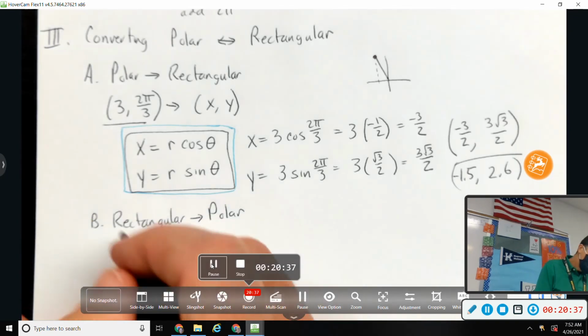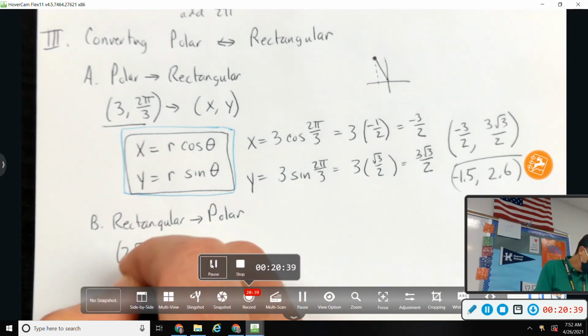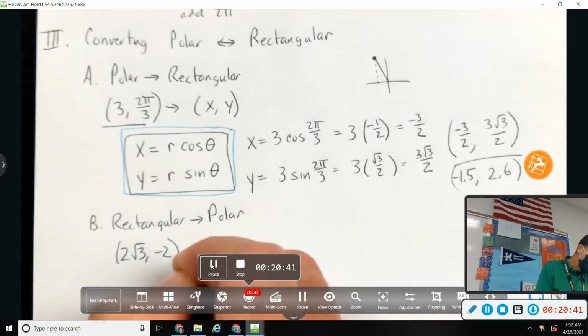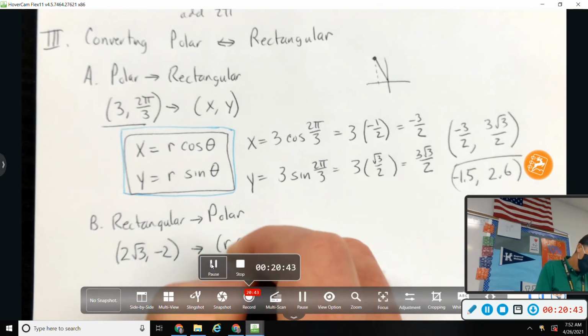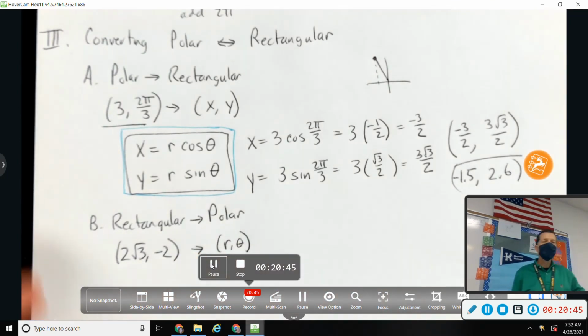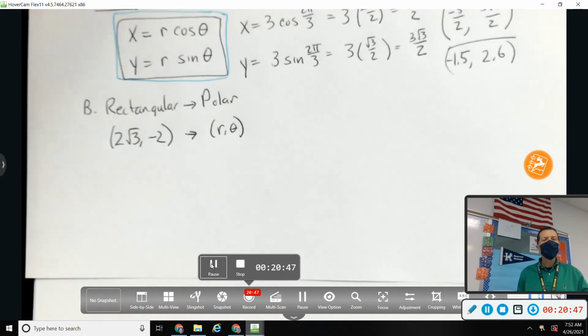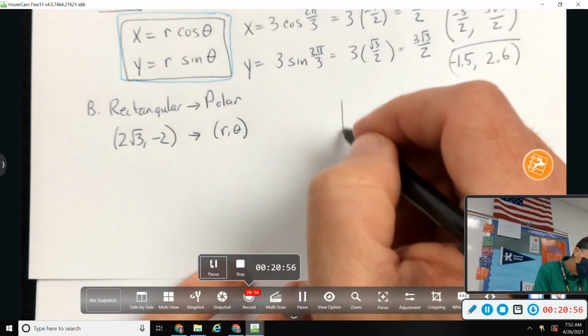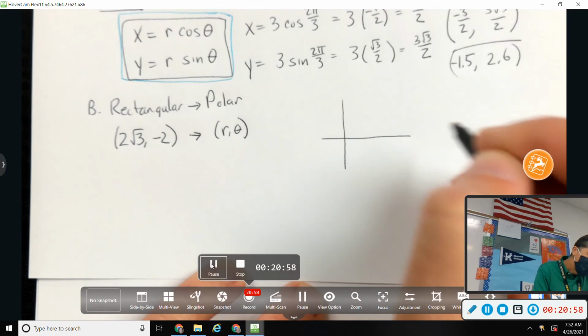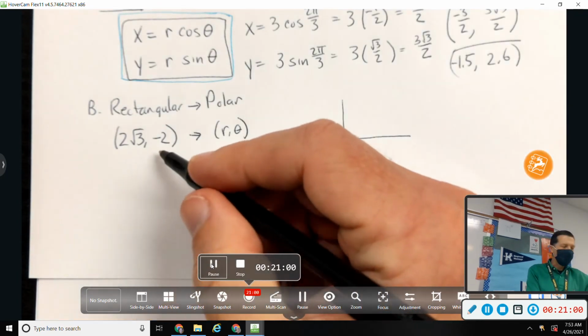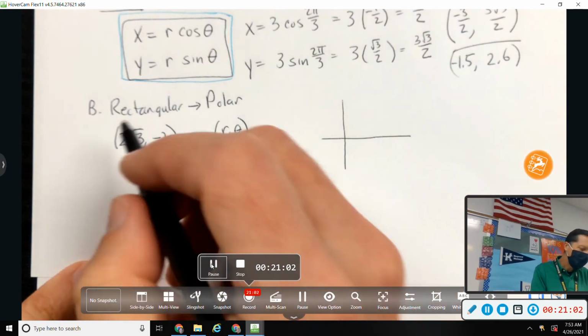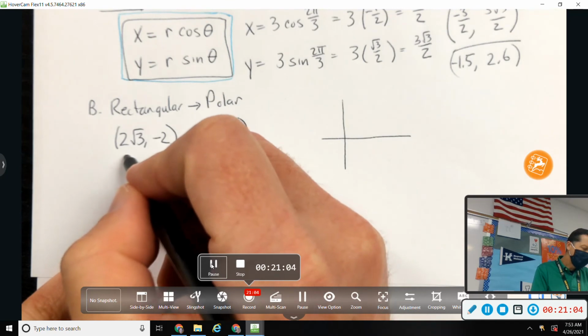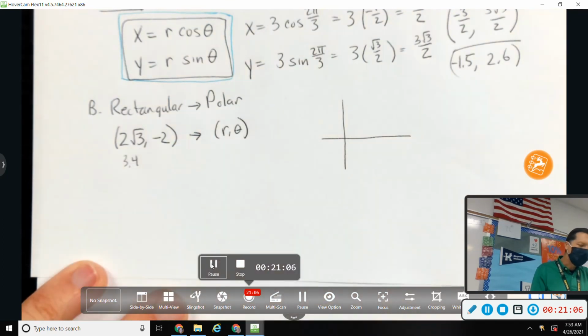So let's take the point 2 root 3 comma negative 2 and turn that into an r theta. So let's draw a picture. 2 root 3, if I want to graph that, that's 3.4-ish.